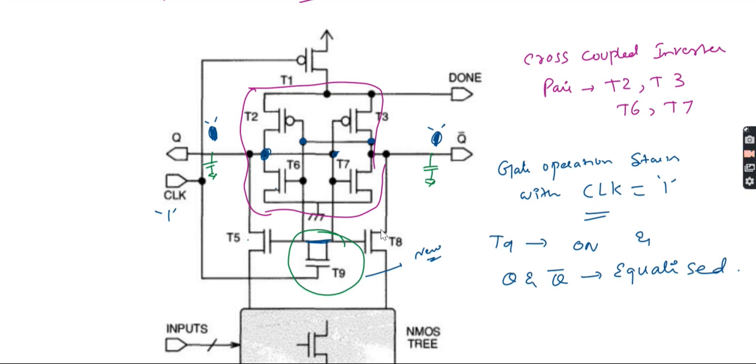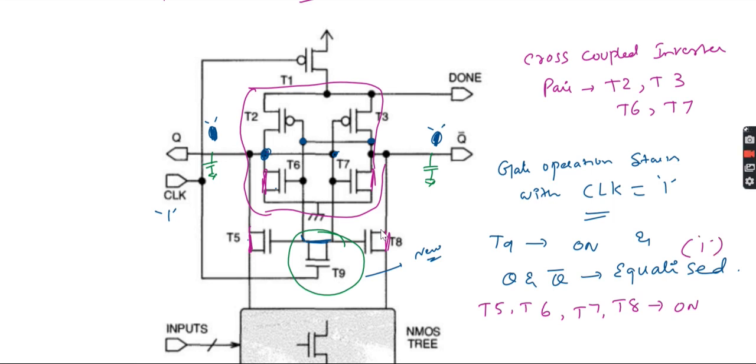When it is 1, then here also will be 1. Then this T5 will be on, correct? T5 will be on, then T8 also will be on. Then T6 also will be on, and then T7 also will be on. So T5, T6, T7, T8 are on. So it is equalized. Equalized means I'll say it is 1.